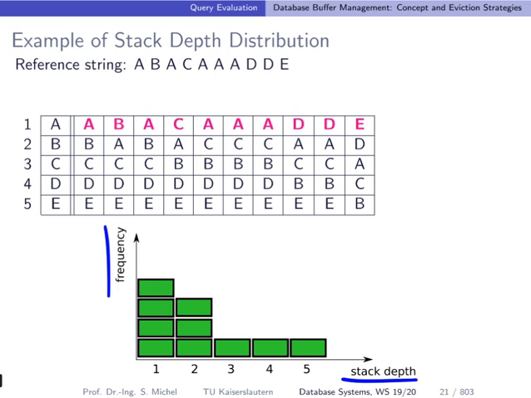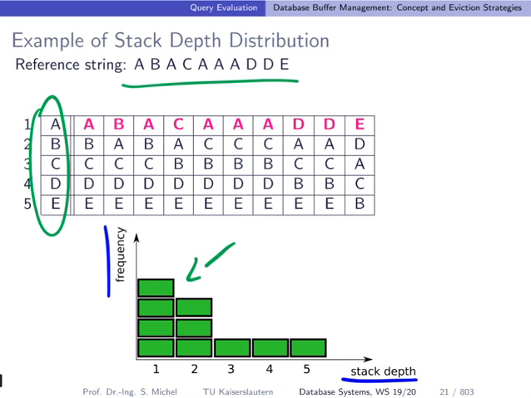Now how do you compute that for the reference string A, B, A, C, A, A, and so on? Initially the buffer is empty, and then you insert A to the top position, and then B, and so on. Depending on the position that you access, you go to the histogram and count one more for that stack depth.